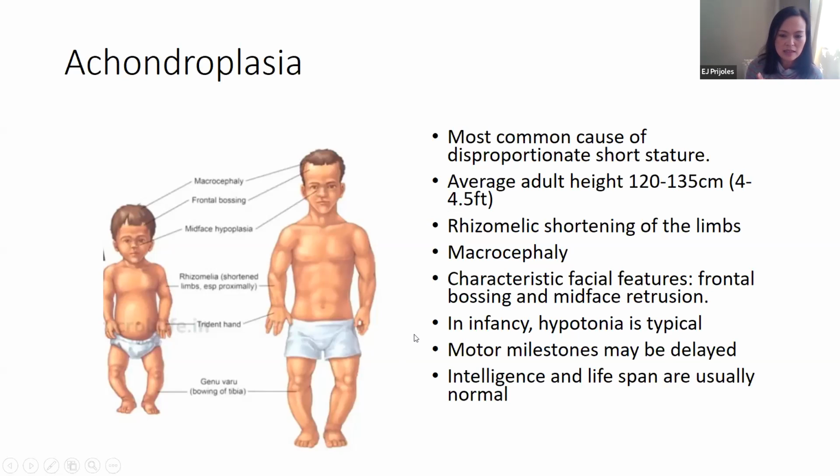In infancy, individuals can present with hypotonia, and you may see this as more laxity in the limbs, particularly when they're young. So motor milestones may be delayed, but typically intelligence and lifespan are normal.